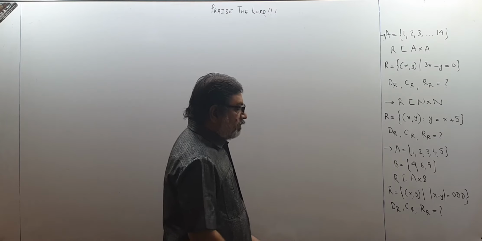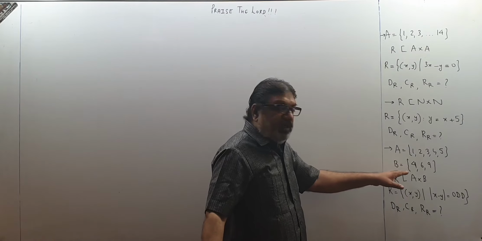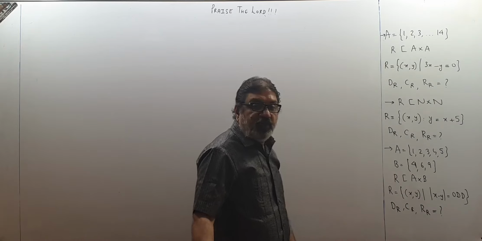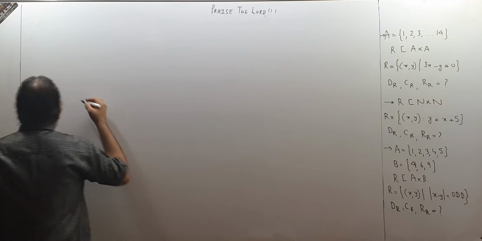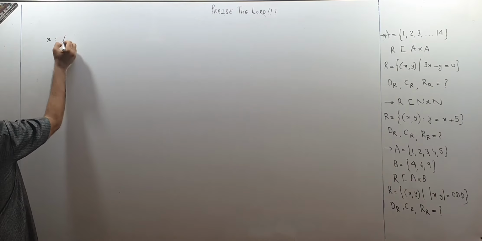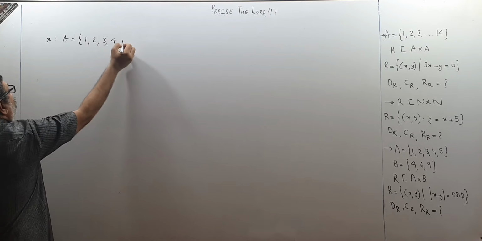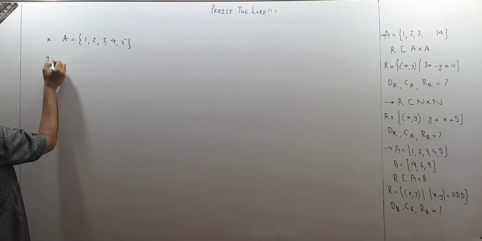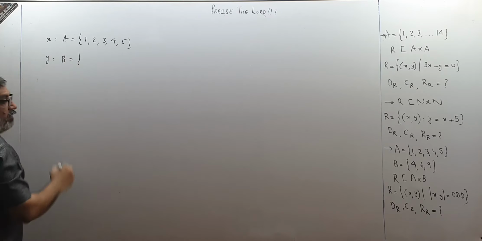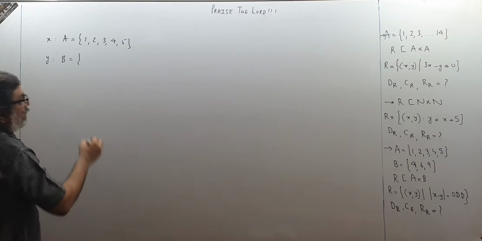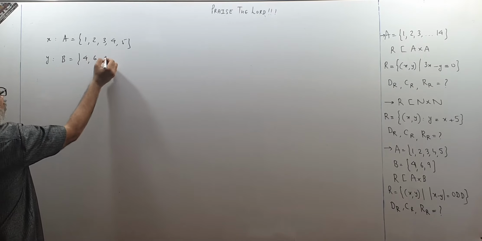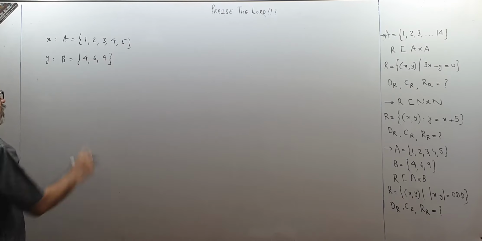See, the third one is there. A is 1, 2, 3, 4, 5, B is 4, 6, 9, R is subset from A cross B. So right over here, x will be picked up from A, which is 1, 2, 3, 4, 5, and y will be picked up from B, which is containing elements 4, 6, 9. Fine.